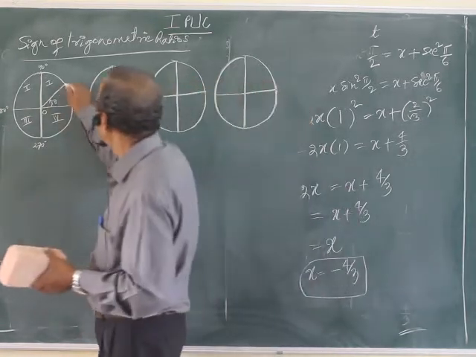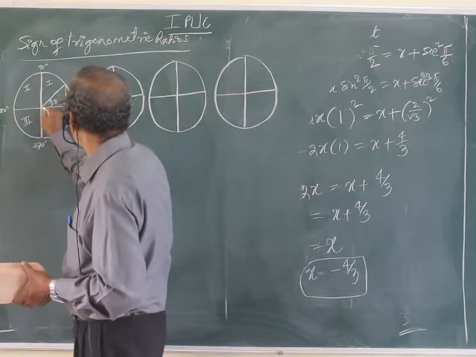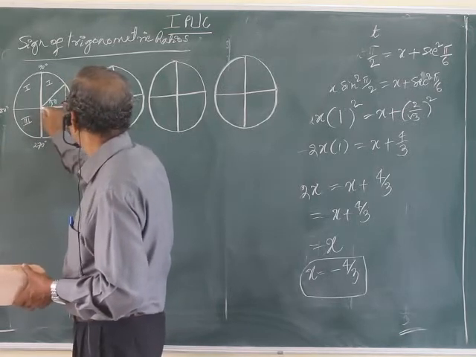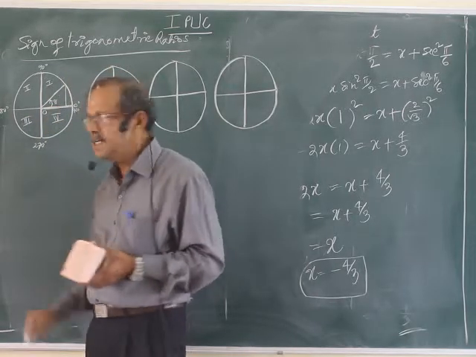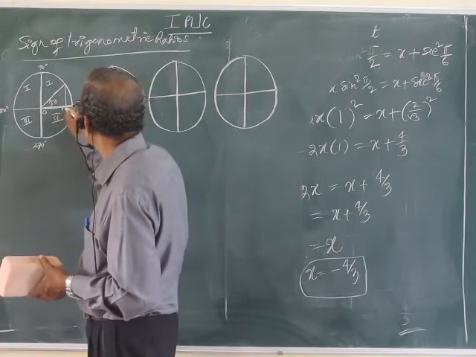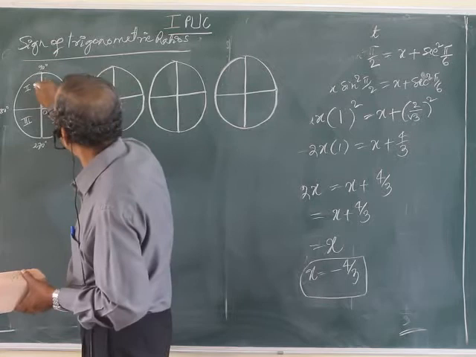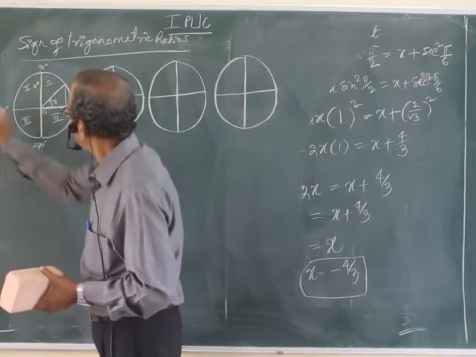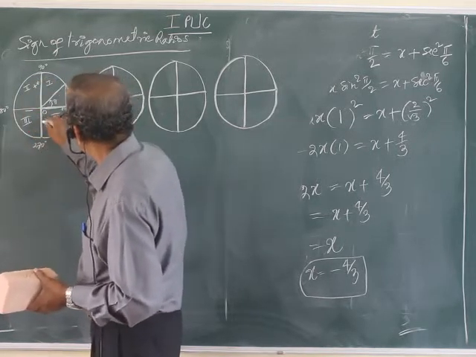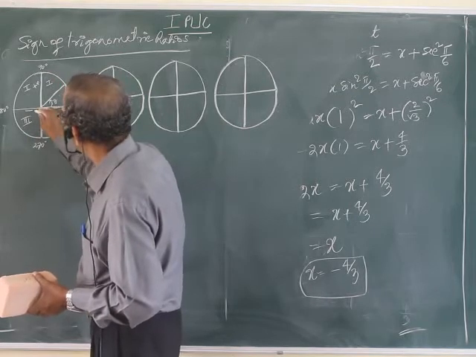Now, remember, this is the positive side. Sign convention I told you, positive. Above this, y-axis is also positive. Left hand side is negative. Below one is also negative.